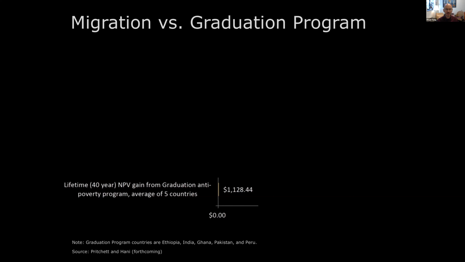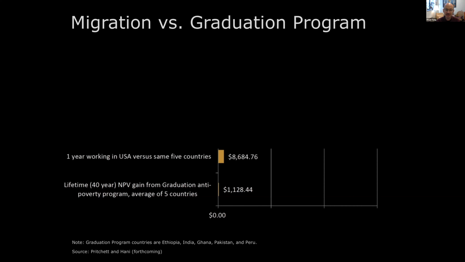So, for example, if you compare that gain to the gain from 1 year working in the US versus working back home in these 5 countries, that calculation is based on data from the Clemens, Montenegro, and Pritchett paper that I mentioned in the previous slide.